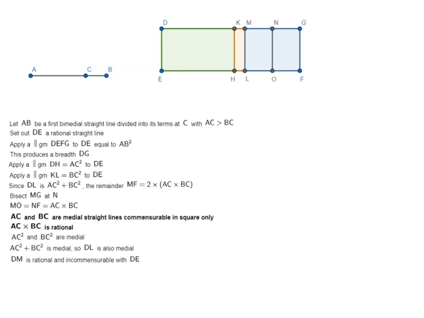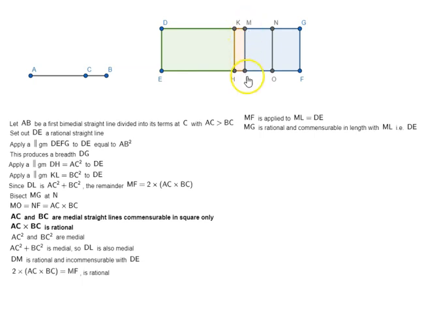Now AC by BC is rational. That means 2 times AC by BC, which is MF, will also be rational. And MF is applied to ML, which is equal to DE. So which means MG is rational and commensurable in length with ML.